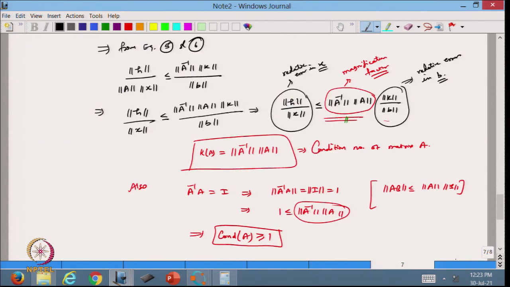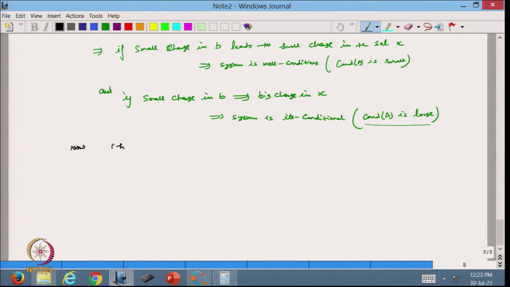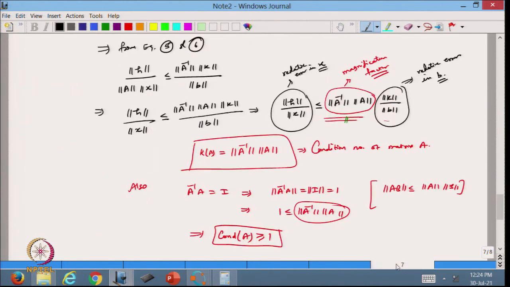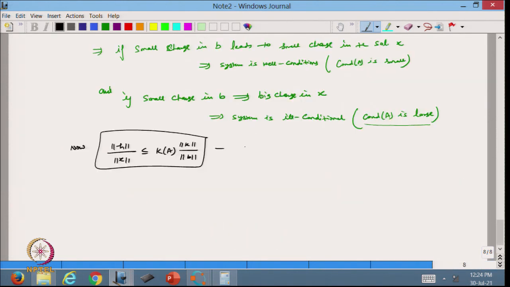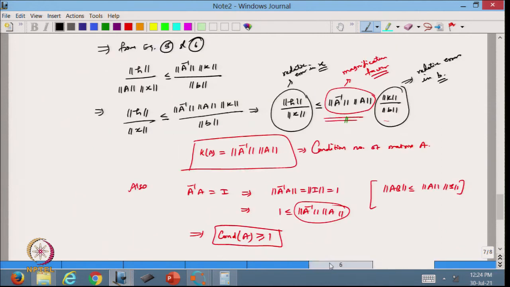The relative change in X is always less than or equal to the condition number of the matrix A times the relative change that has happened in B. So this is one of the terms we are going to use, and that is my equation number 7. Everything depends on the condition number. So this is the case 1 we have taken.